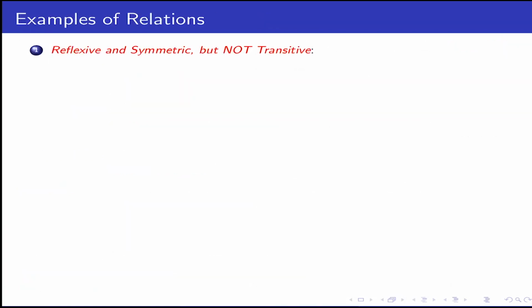So we have till now defined certain types of relations as well as certain relations, but let us take practical examples. I kept on giving you some naive examples over relationships, family and all. Here are some practical examples and practical relations that we could consider over sets. So reflexive and symmetric but not transitive.